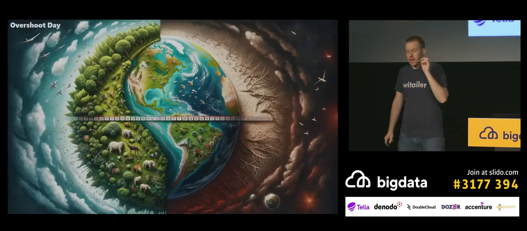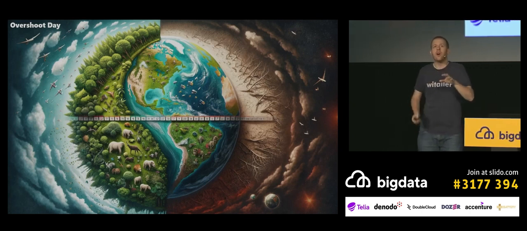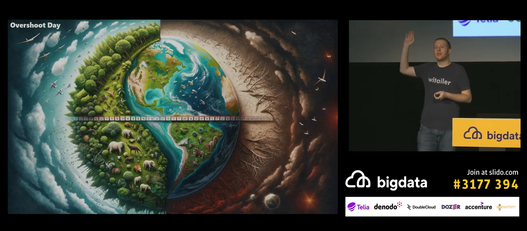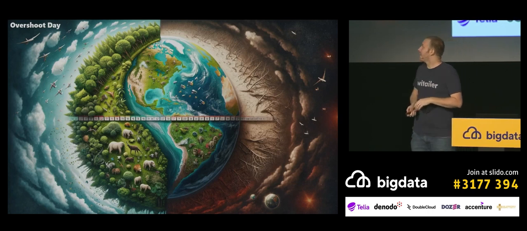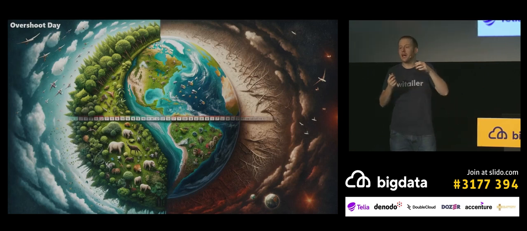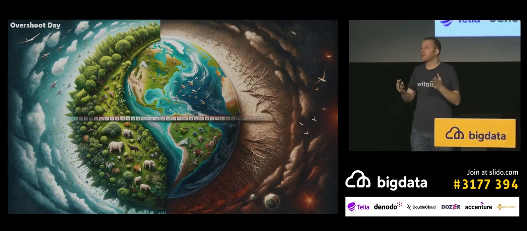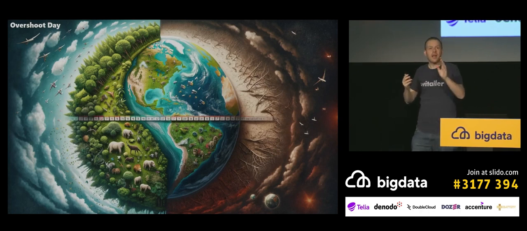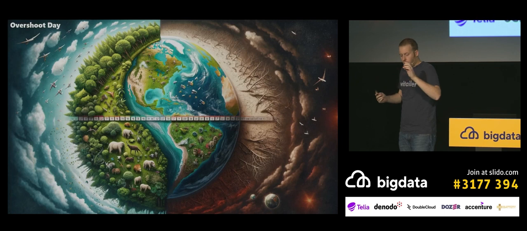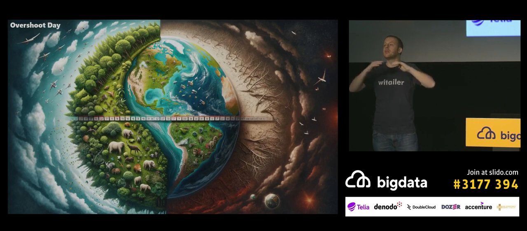Another assumption I want to share before starting is the overshoot day. How many of you know what the overshoot day is? Okay, a few, that's good. Think about our world, the Earth, as a system that produces resources. In a year it produces 100% of the resources. The overshoot day is the day, from January to December, when we have finished the resources that the Earth can produce in a single year.